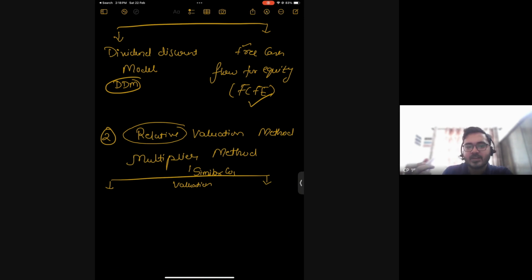There are certain key ratios that we use, for example, the price to earnings ratio, the price to book ratio, or the EV to EBITDA ratio, and we'll look at these ratios in just a bit. So you look at the price to earnings ratio of the competitors, and then you try to come up with a valuation for your own company.